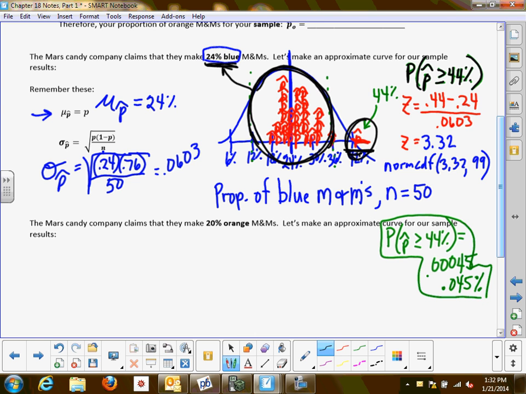I would say, whoa, the M&M company is not putting out 24% blue M&Ms because I got something so statistically unlikely that I have evidence to reject this claim and decide that they're putting out something more than 24%. I can't say what it is, but it's more than 24%.